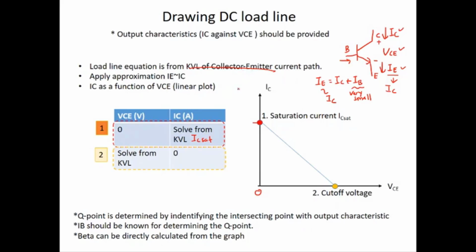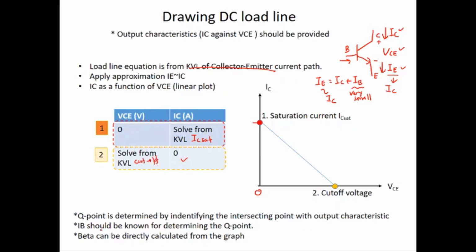This can be done by inserting VCE equal to 0 into the KVL of the collector-emitter. The second point is when the collector current is 0. When collector current is 0, VCE is equal to the cut-off voltage.